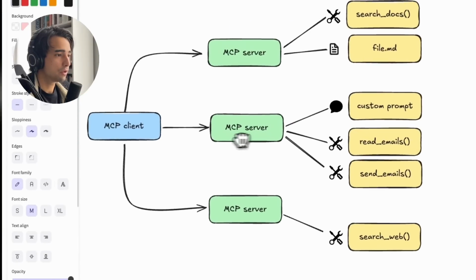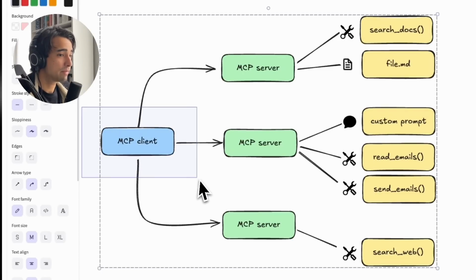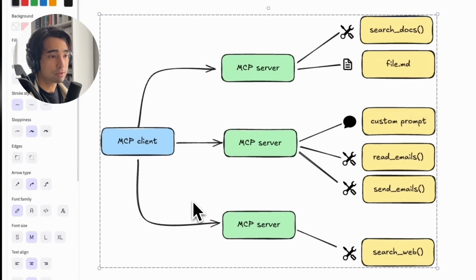Now let me show you the actual diagram that is shown by the guys at Anthropic. And this is what we finally get to. So we have the MCP client, which is the one that you have to create for your application. If you have your chat application, your chatbot, your assistant, whatever, you can use the MCP SDK to make it compatible with the MCP protocol.